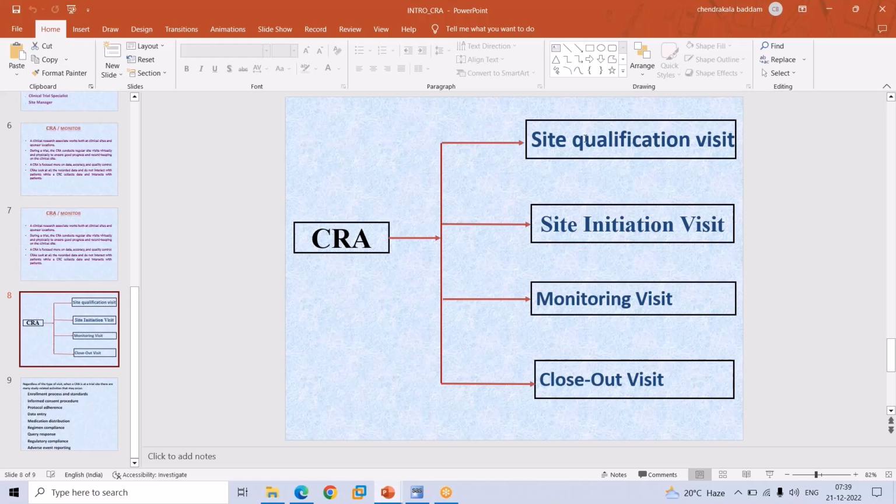Monitoring visits are ongoing. Once the study has started, at different intervals, the CRA will monitor the study. Closeout: at the end of the study, we perform the closeout visit. So we are going to discuss all these CRA visits in detail.